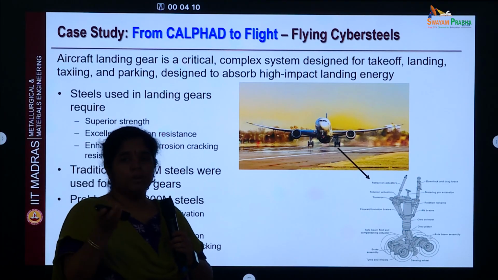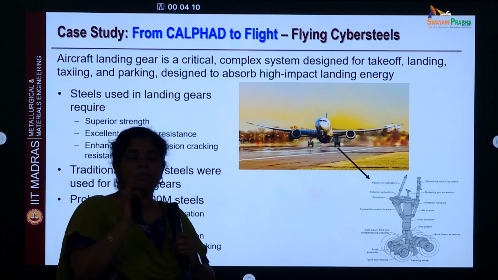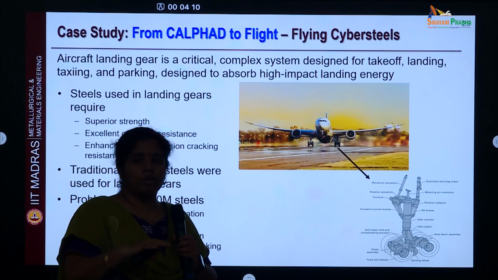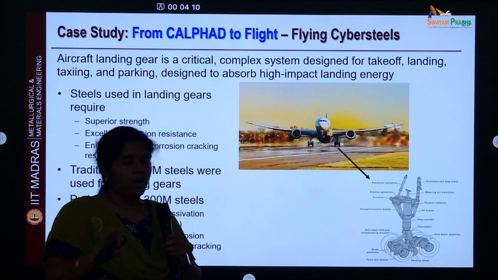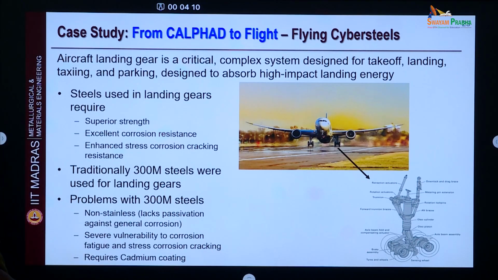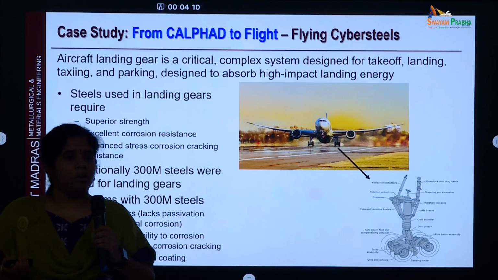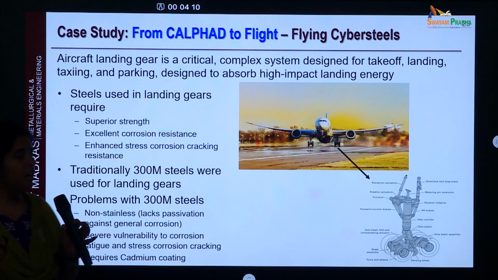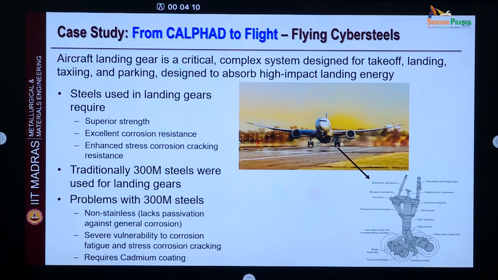So you'll see what material was used before the design of the new material, what all the problems were and how they were solved. Steels are typically used. So you know steels, right? It's actually a metallic alloy of iron, carbon, etc. So it is used in landing gears.